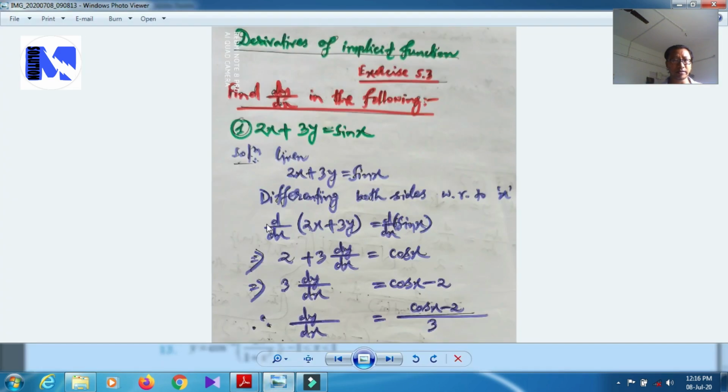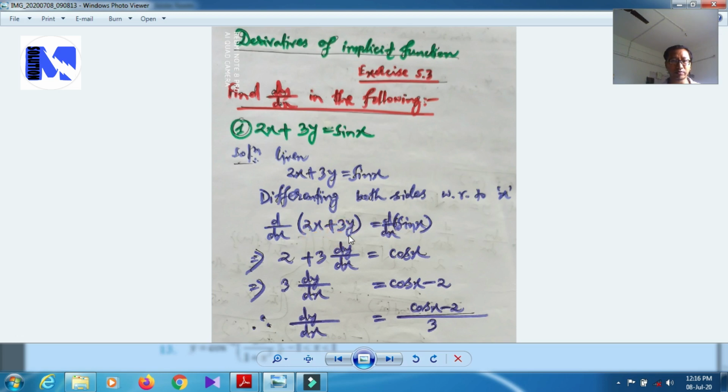Please see here, this is the question, 2x plus 3y equal to sin x. Very simple, given, I have written down here. Then differentiating both sides with respect to x, because we have to get dy by dx. So d by dx of the left hand side, d by dx of the right hand side.